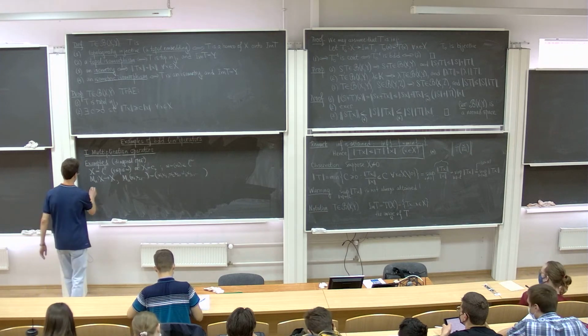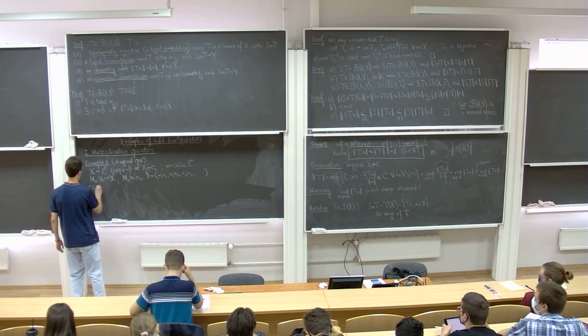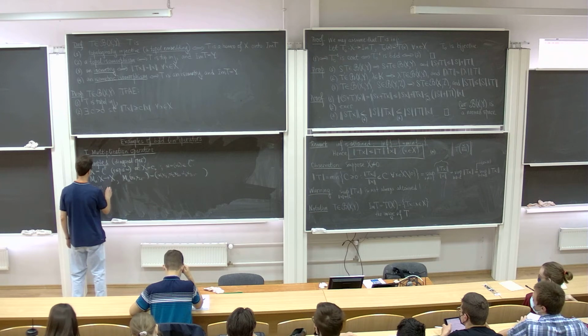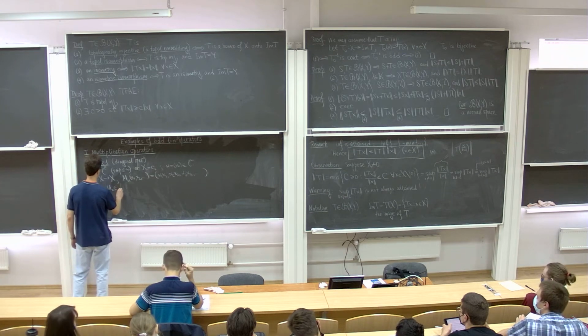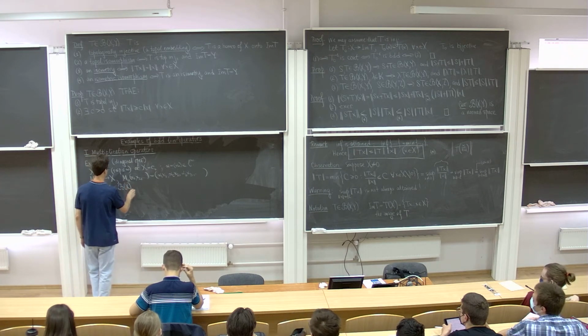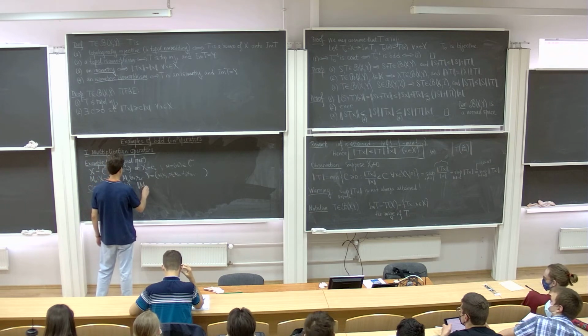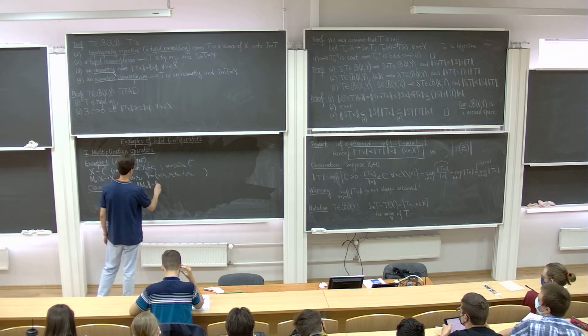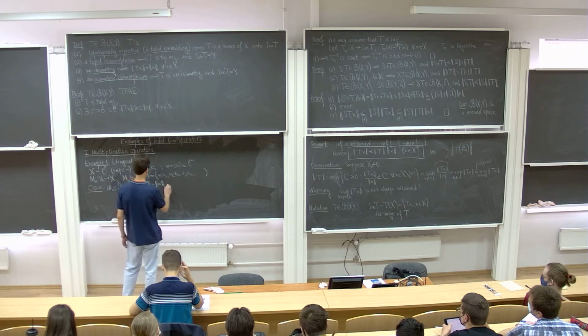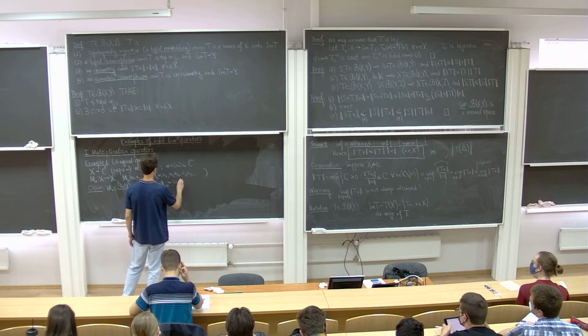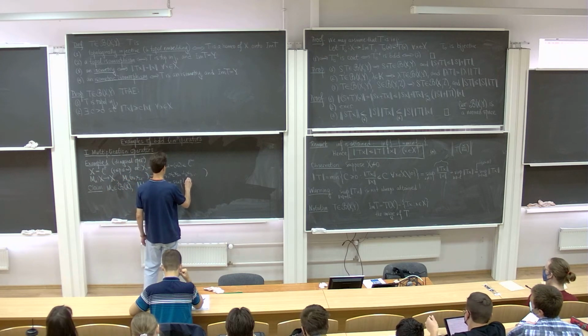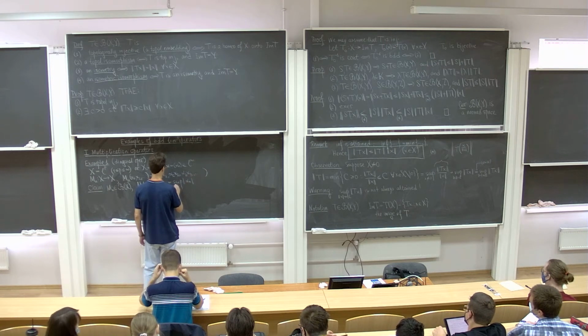I claim that M alpha is indeed a bounded linear operator on x. And moreover, the norm of this operator equals the l^infinity norm of alpha, that is the supremum of the absolute values of alpha n.